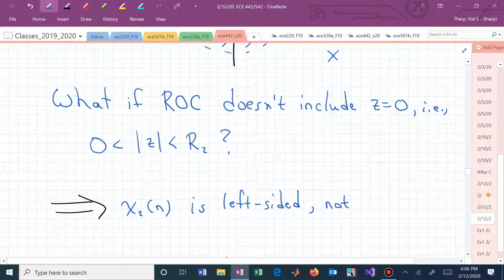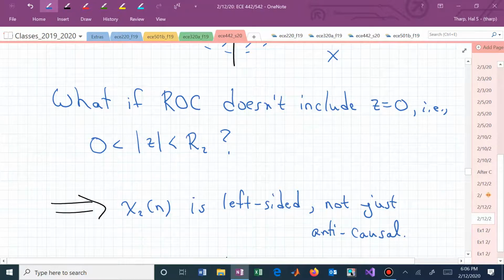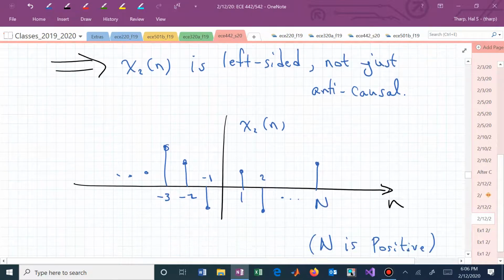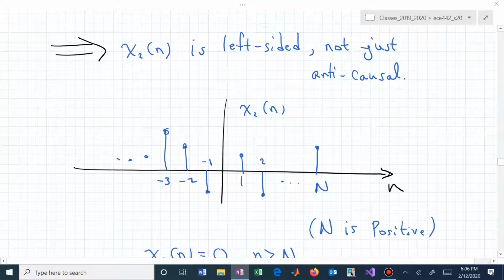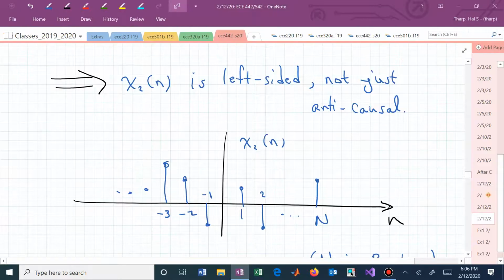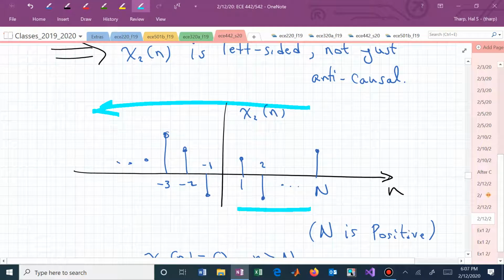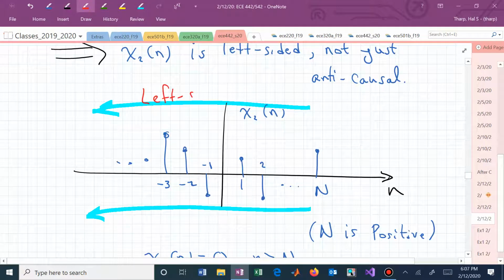So this is not just anti-causal. Where our picture now looks like this. Here's our left-sided picture.